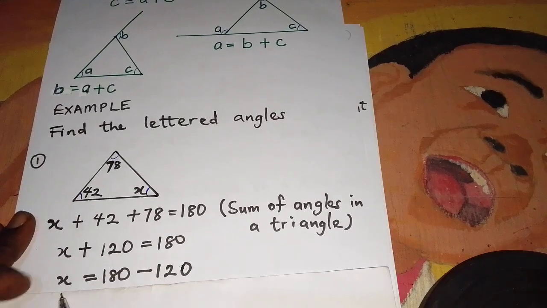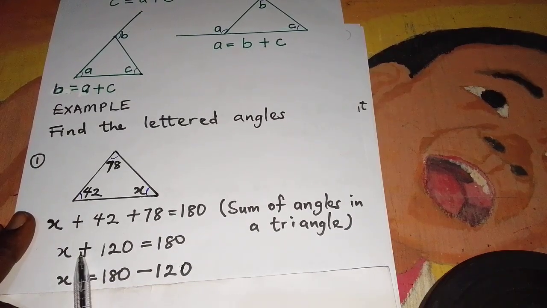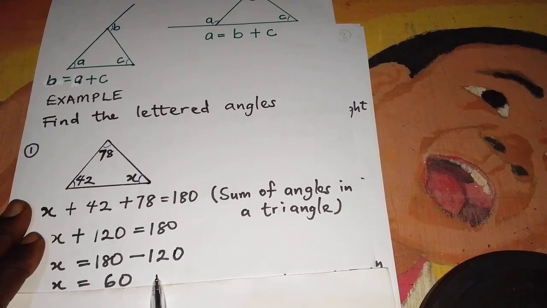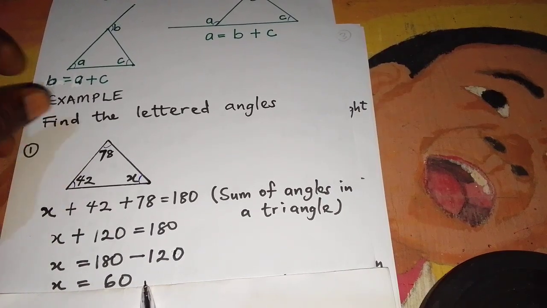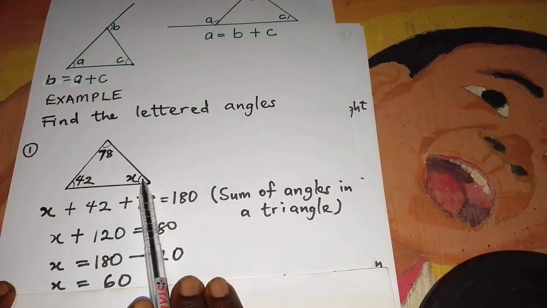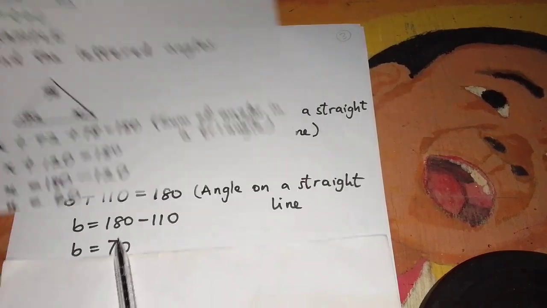So that means x will now be equal to 180 minus 120. That will give us 60 degrees. So that means the third angle in this triangle should be 60 degrees.